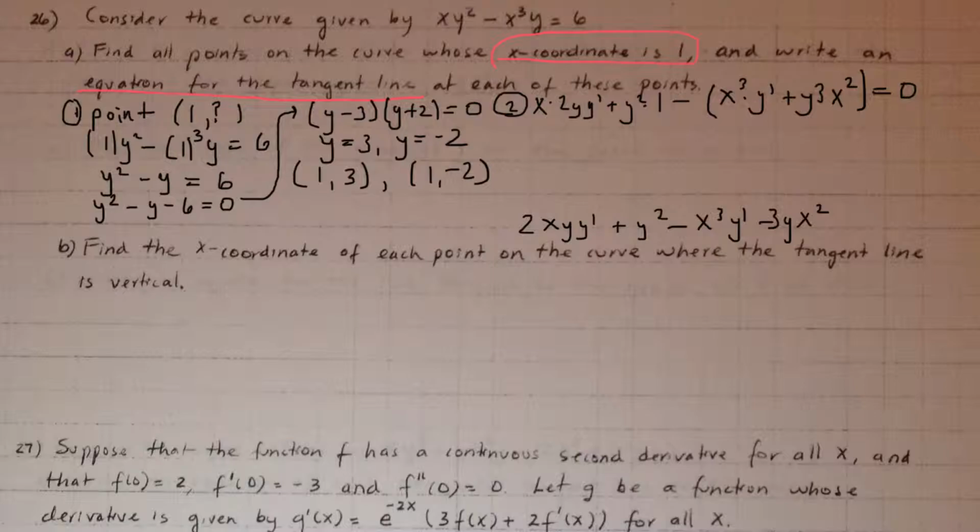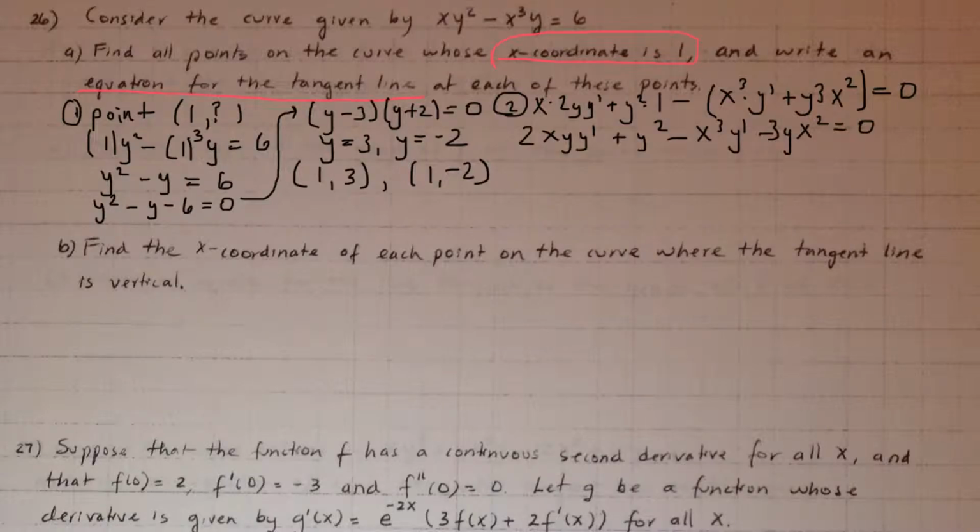That should have been 3x squared y, but I'll leave it this way. And now we'll make it so that the y primes are together. So 2x y prime and negative x cubed y prime, and then equals, and I'll remove everything else.